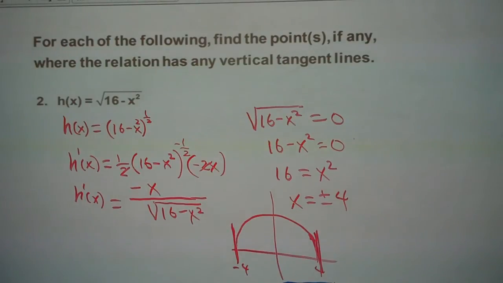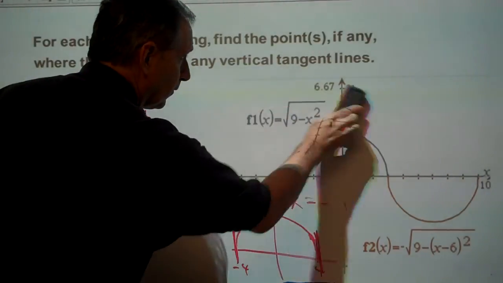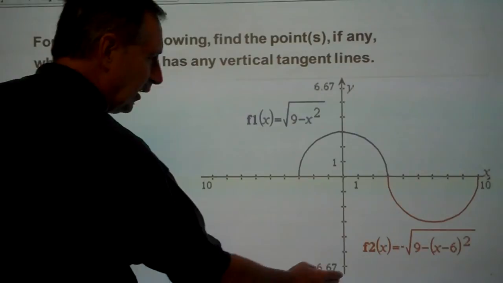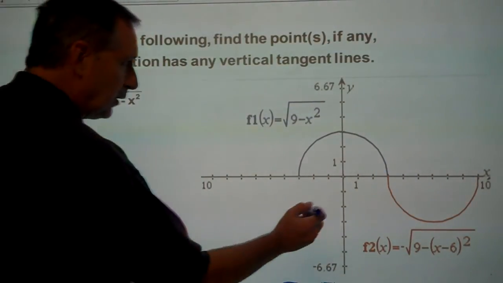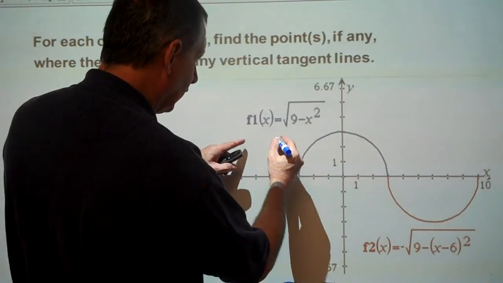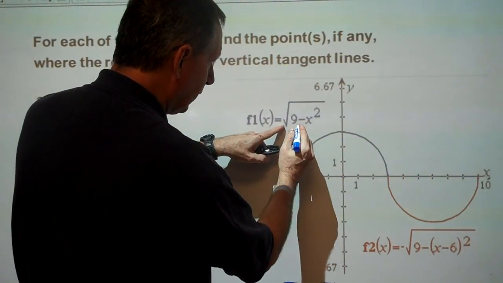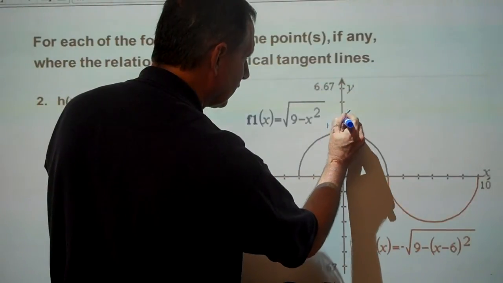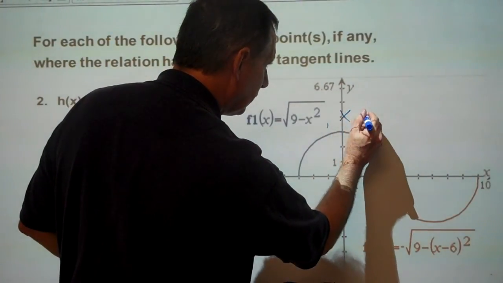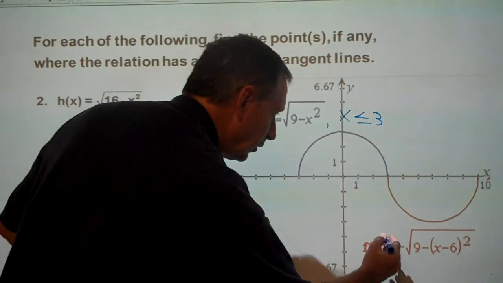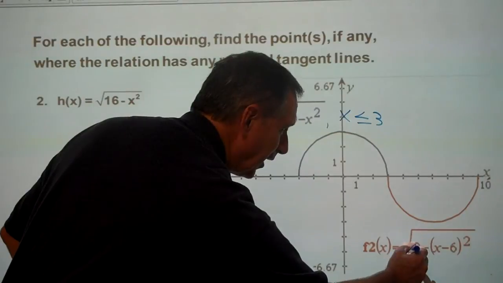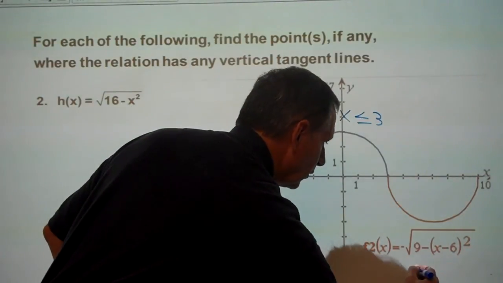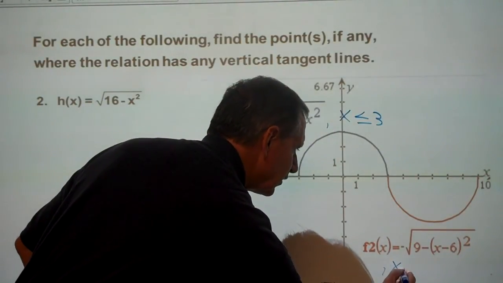Basically, this last graph I'm showing you is of a piecewise function of two half circles placed together, where between them, here at x equals 3, we could say that this would be a piecewise function, maybe the square root of 9 minus x squared when x is less than or equal to 3, and down here we would have negative the square root of 9 minus quantity x minus 6 squared when, I'll put comma, x is greater than 3.